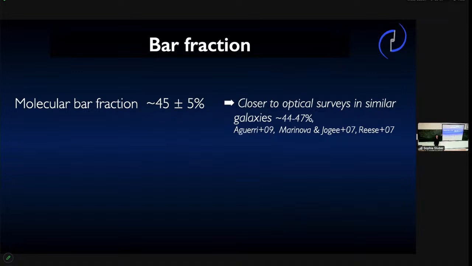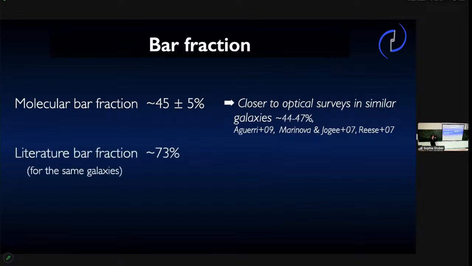If we now take the same galaxies and calculate the bar fraction based on the literature, this ends up with a fraction of 73%. Just to emphasize, these are the 6 galaxies going in here, but also a couple more that are classified as SAB, SA_B, which I didn't show here. But these galaxies can really make a difference in our little example here.